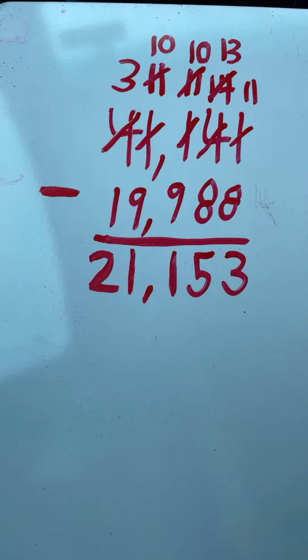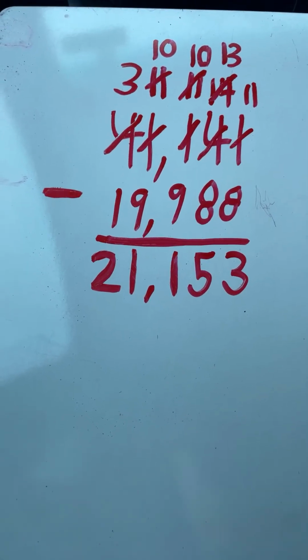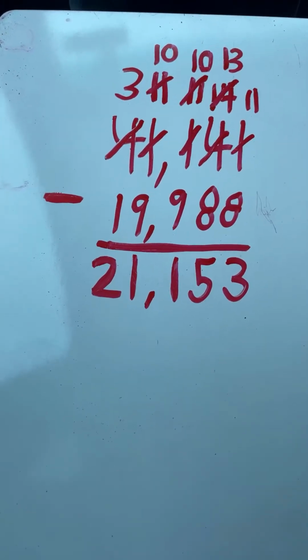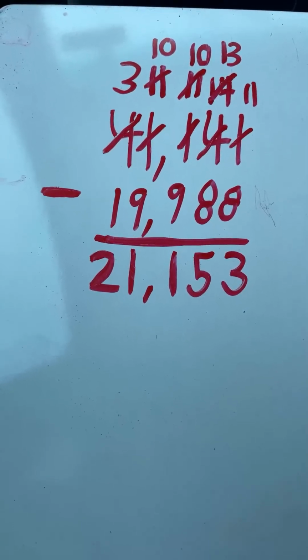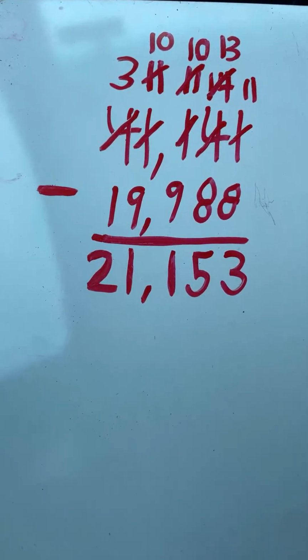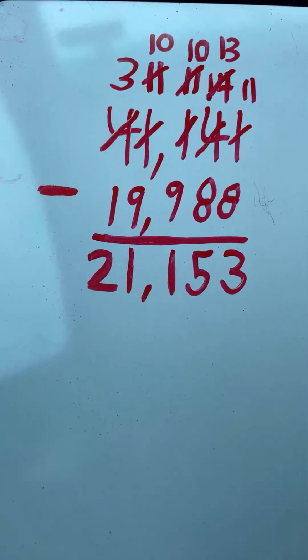And we have our final answer. 41,141 minus 19,988 equals 21,153.